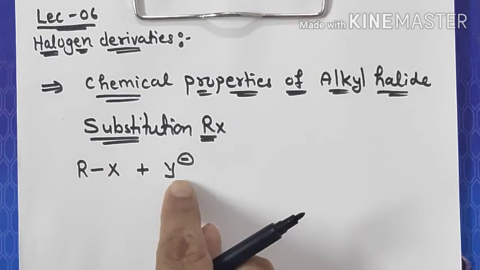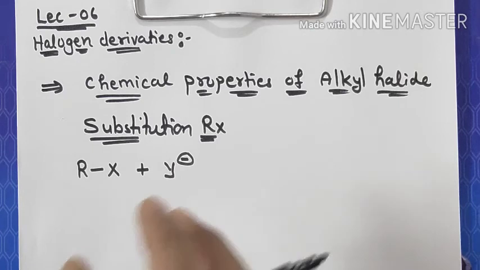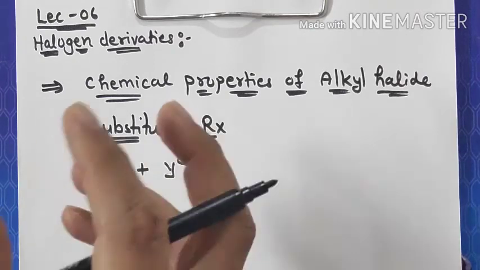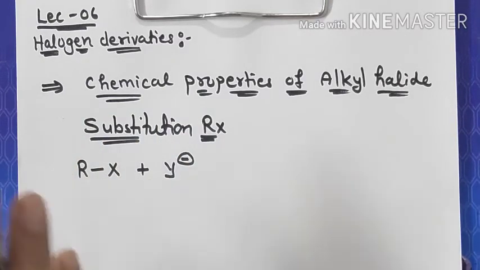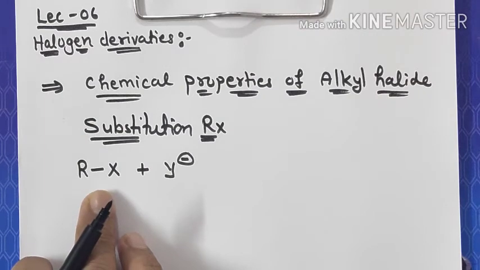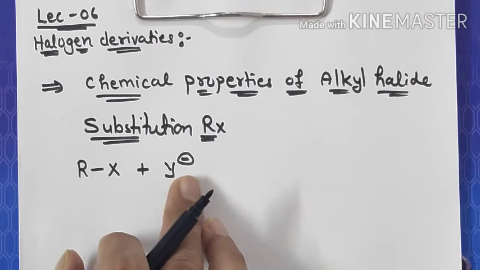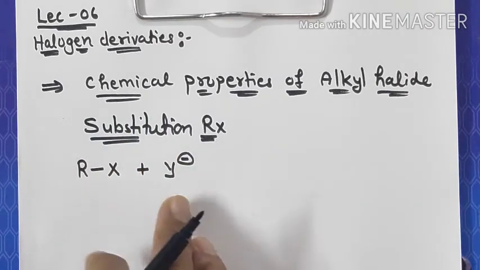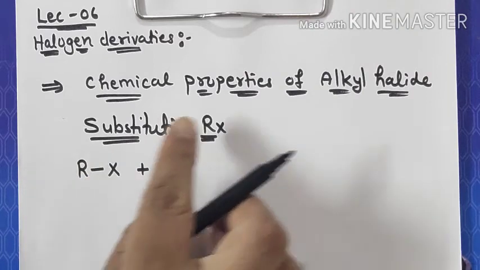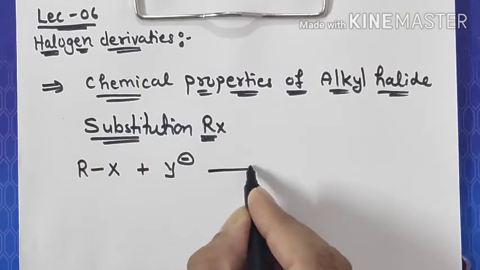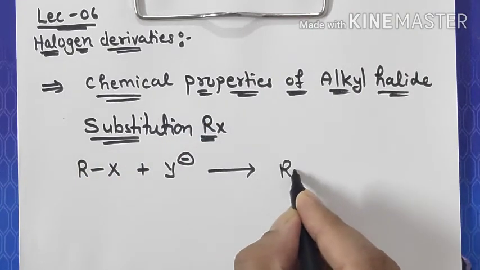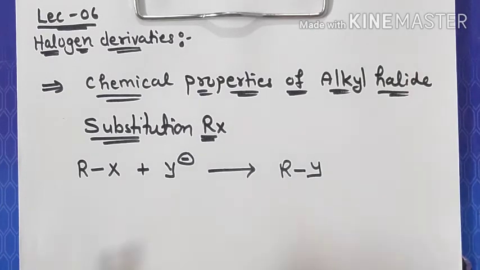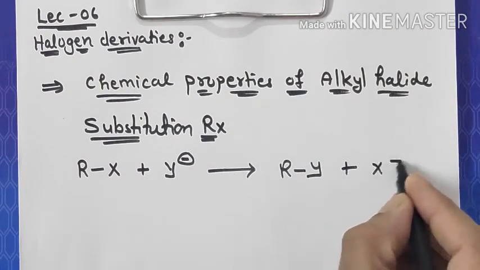So this is negative. Since it is negative, it will like to go and attack on a positive part of a substrate. This is the substrate and this is the nucleophile. The nucleophile is going to attack on the substrate, and when it attacks, it removes this X. I write the reaction: X is removed, we get RY, and I get X minus.